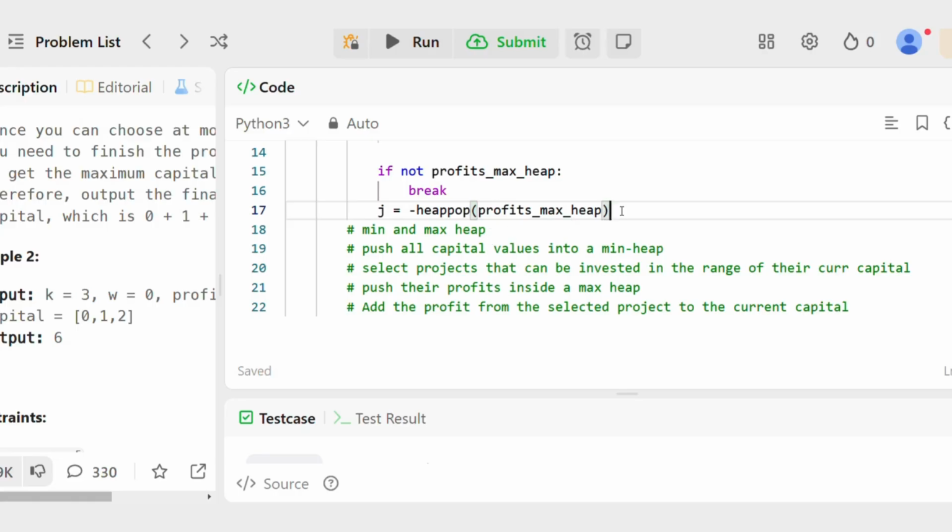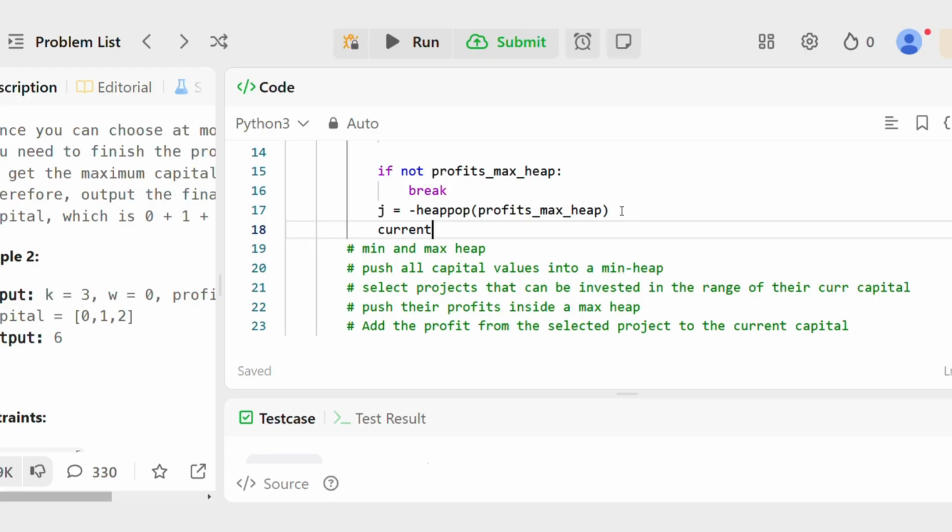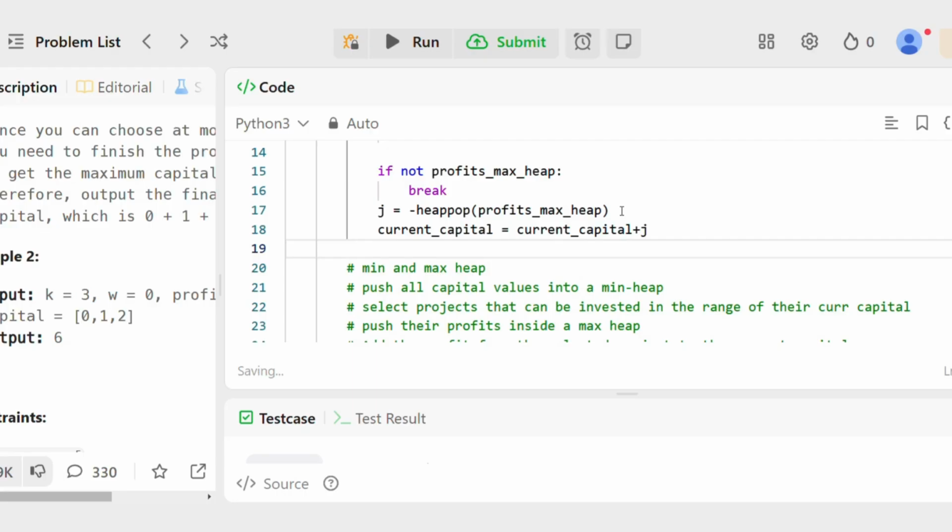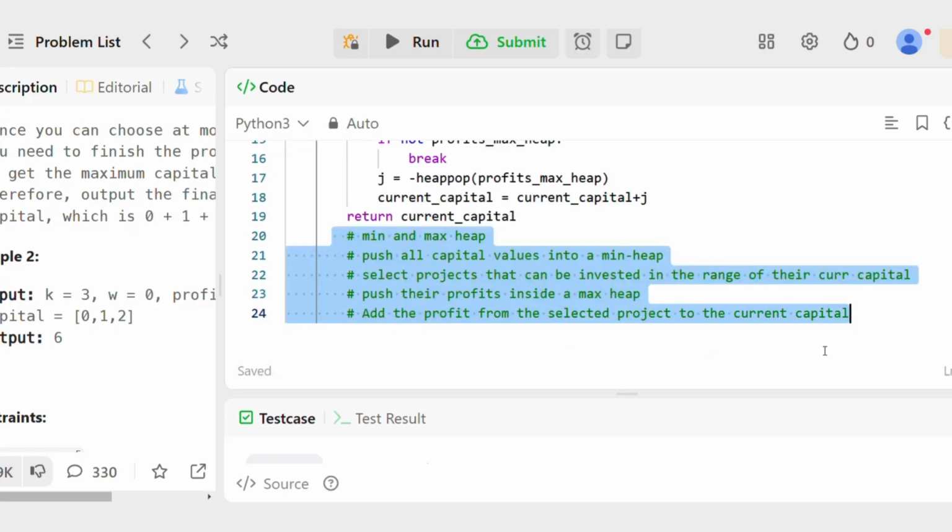So we're going to assign our current capital. Capital is then going to be current capital plus J, and then we're going to return our current capital. I'm going to delete these comments for now.